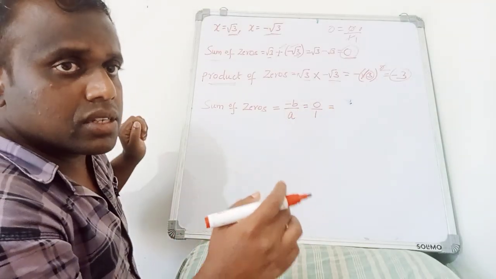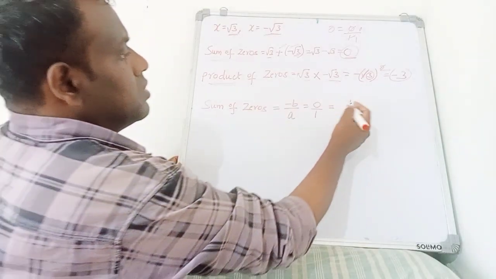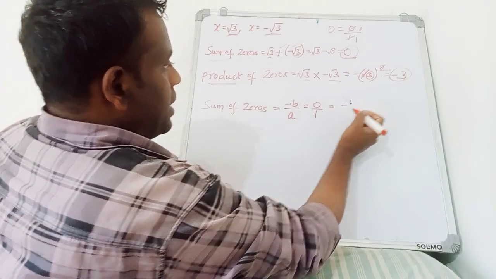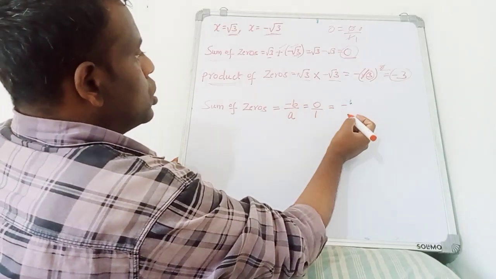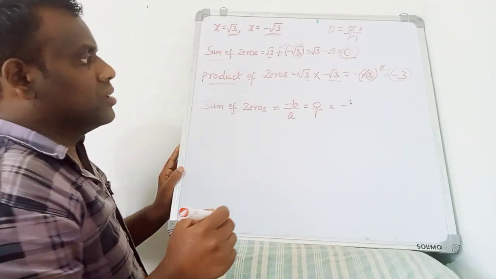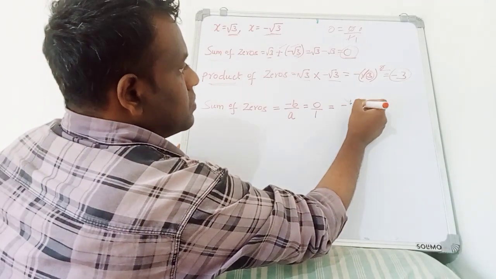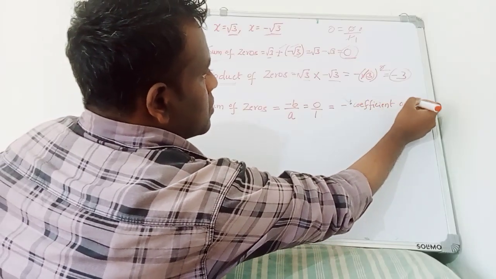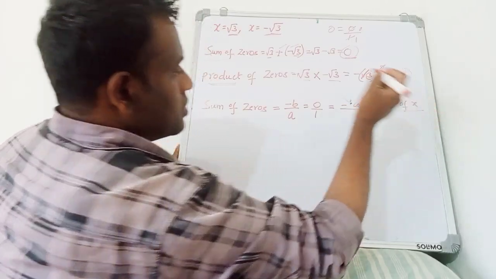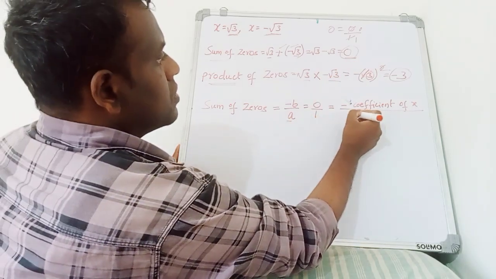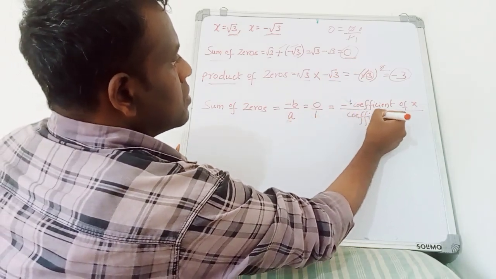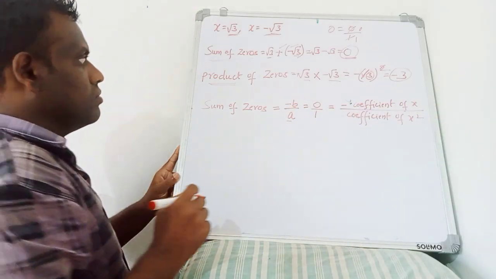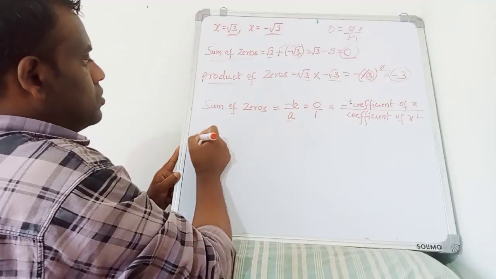Now we have to write sum of zeros in terms of coefficients. So minus b is what? Coefficient of x. a is what? Coefficient of x square. Next, take this product of zeros.